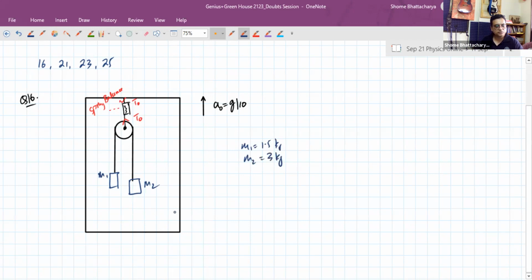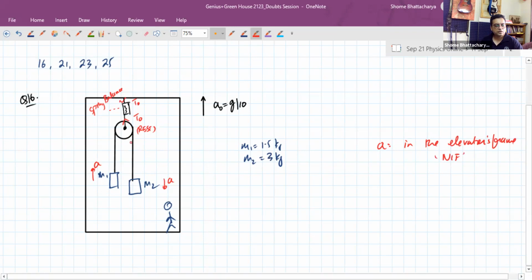The easy thing to do here will be to place our observer inside the non-inertial frame, so that in his frame what he is observing is that the pulley is at rest, and the heavier block is coming down with some acceleration A. The lighter block is going up with some acceleration A. So this acceleration is in the elevator's frame, which becomes a non-inertial frame.